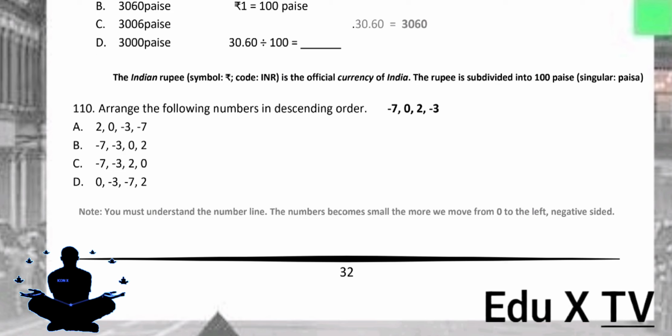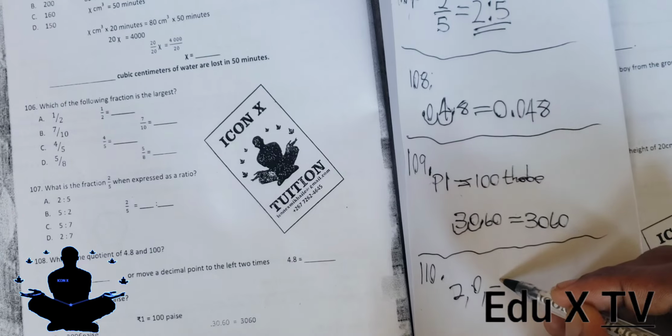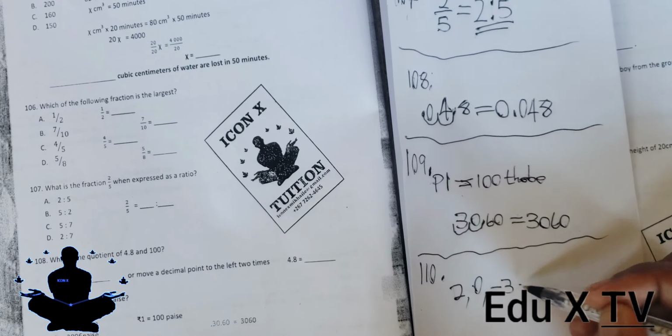So the answer is going to be A. 2, 0, -3, -7.